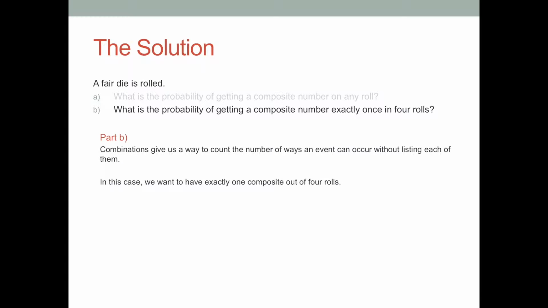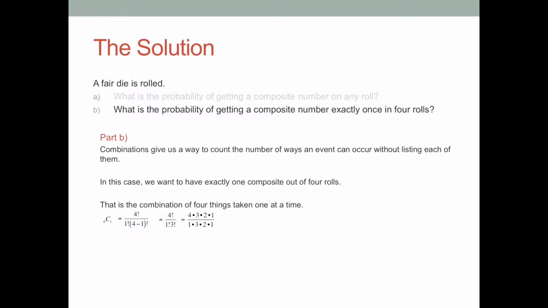In this case, we wanted to have exactly 1 composite out of 4 rolls. That is the combination of 4 things taken one at a time. So, using our formula for combinations, we'll divide 4 factorial by the product of 1 factorial and the factorial of the difference of 4 and 1, or 3 factorial. 4 factorial is 4 times 3 times 2 times 1.